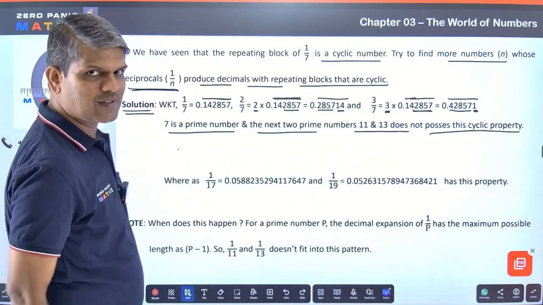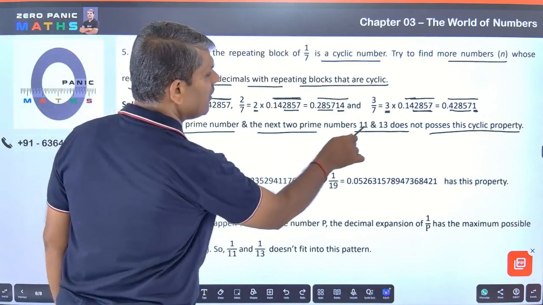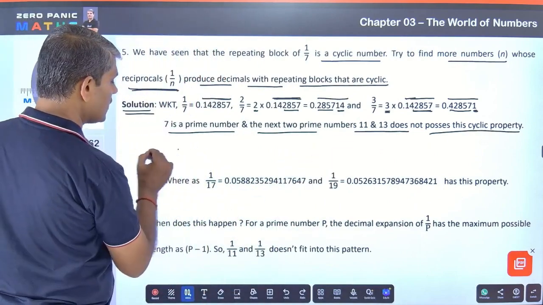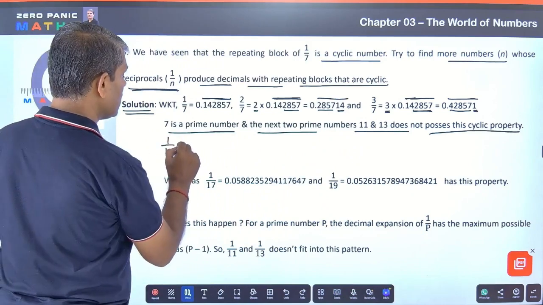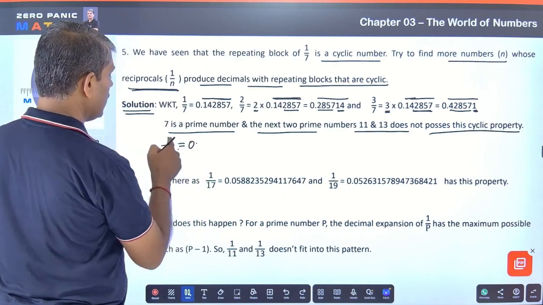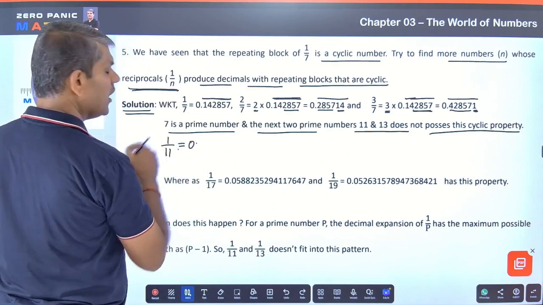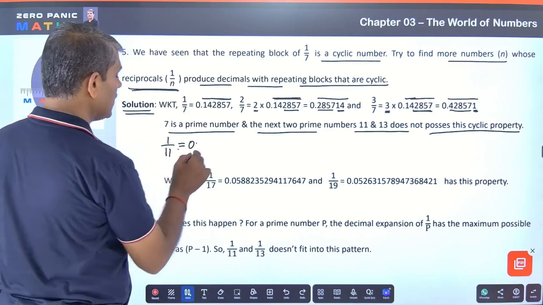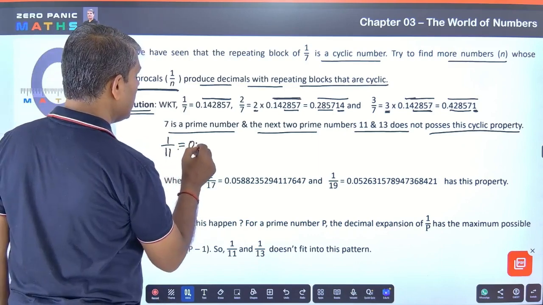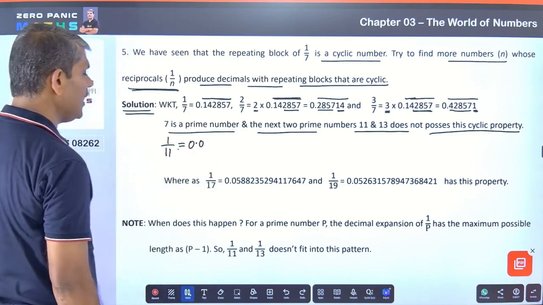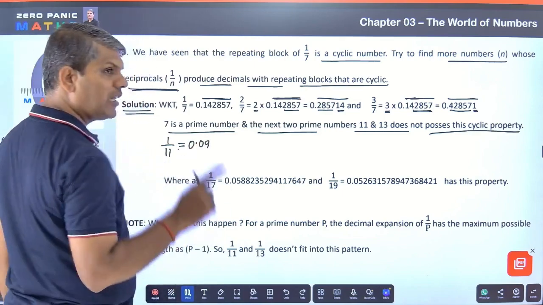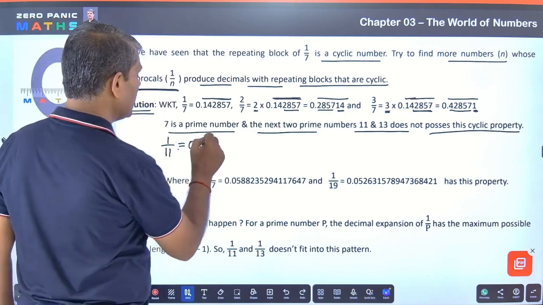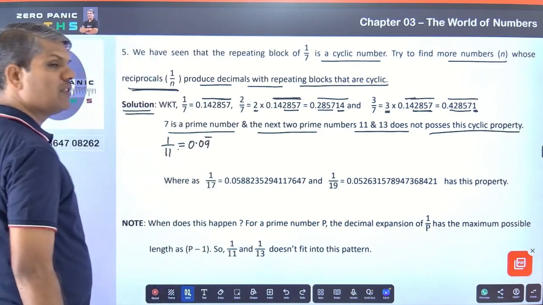Why am I saying this? The next two prime numbers are 11 and 13, and if you consider 1 by 11, what is 1 by 11? 0 point. If you give 0 point, it is 10 here, but it is not possible to divide 10 by 11, so I'll give a 0 here. That makes it 100. And 9, it remains with 1, again 9, so it is 0.09 repeating.